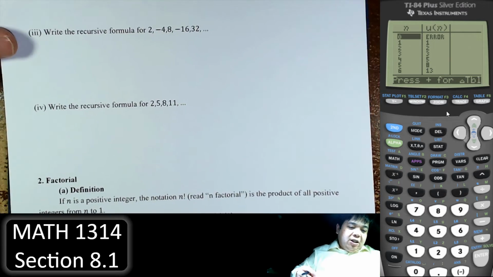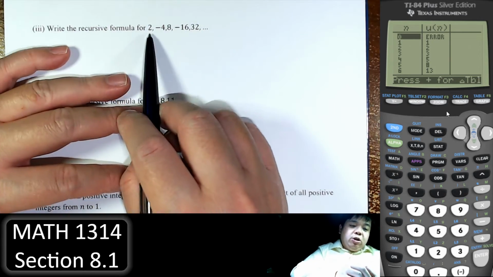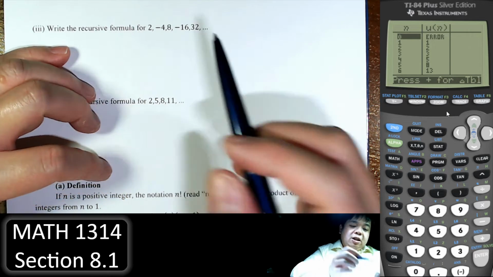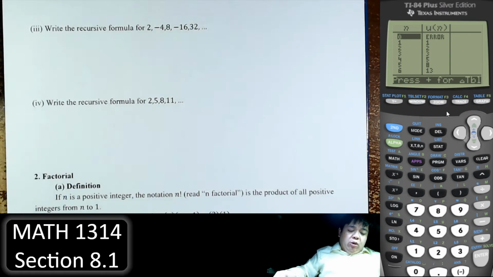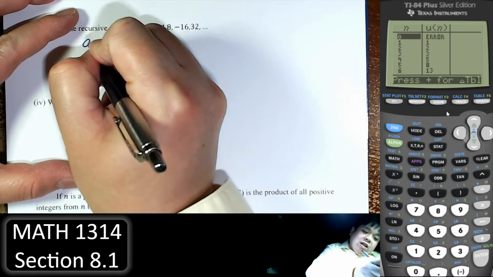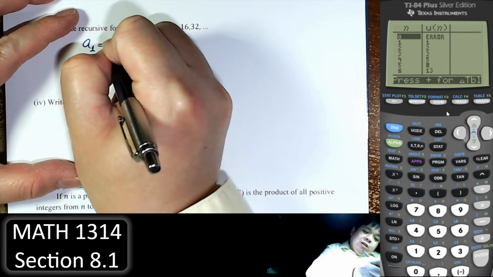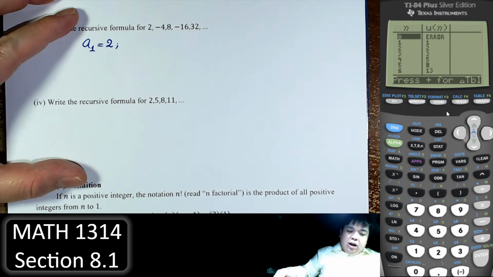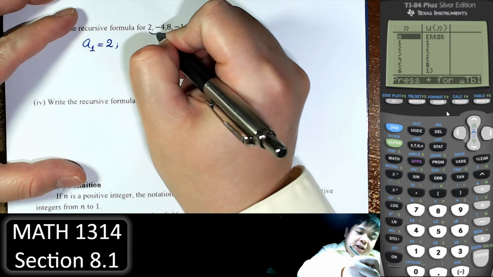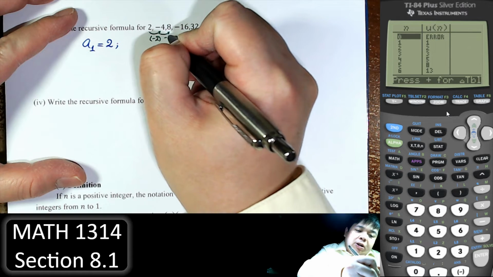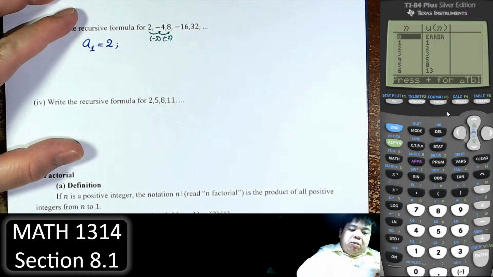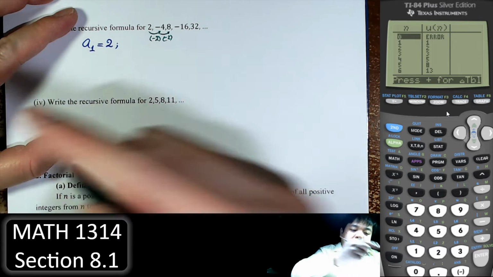Right, next, write the recursive formula for 2, negative 4, 8, negative 16, and 32. So what we see here is, we know the first term is 2, so let's start with that. Now, to get from the first to the second, we multiply by negative 2, and multiply by negative 2 to get to the next one.